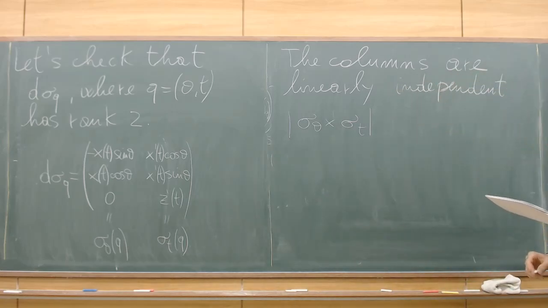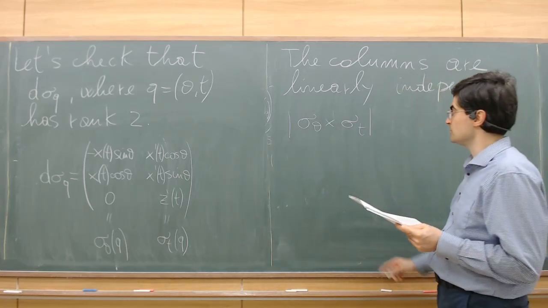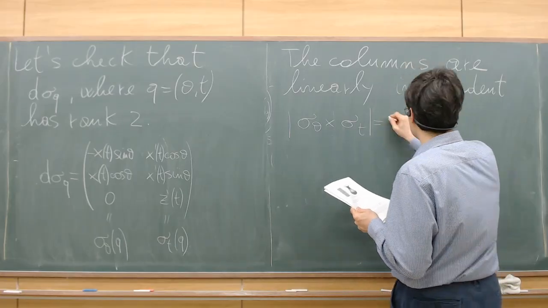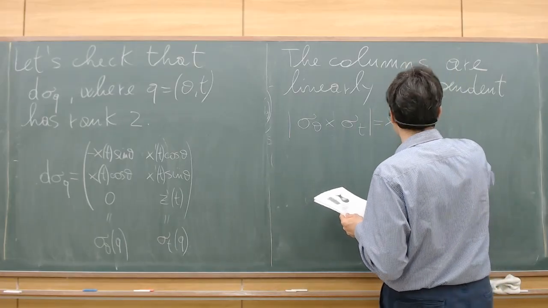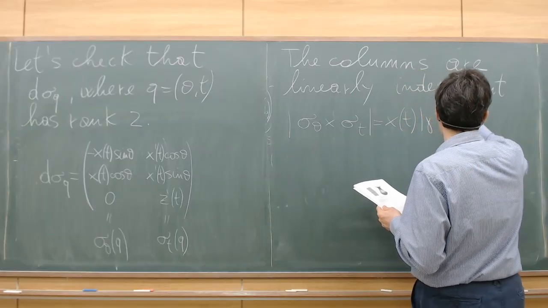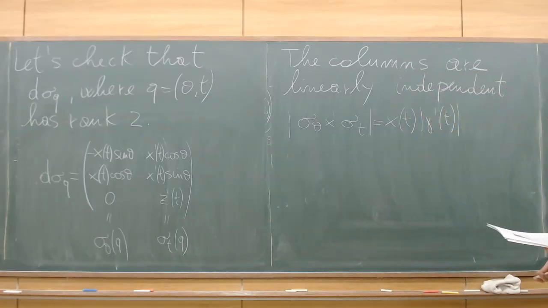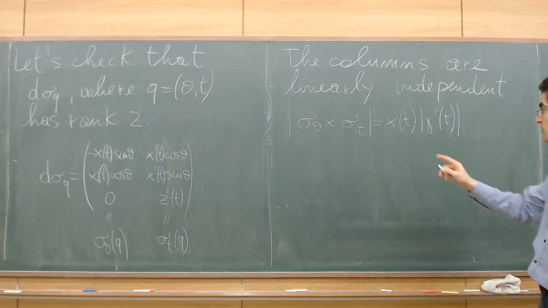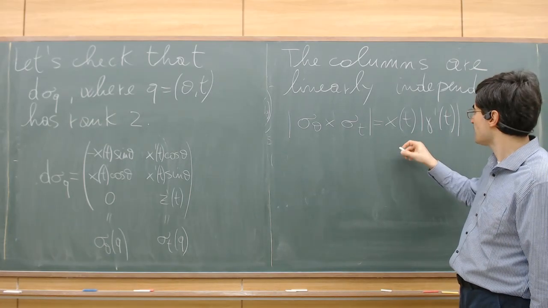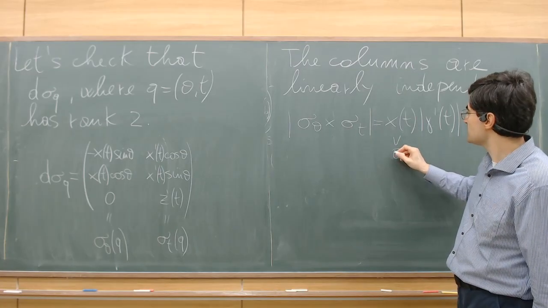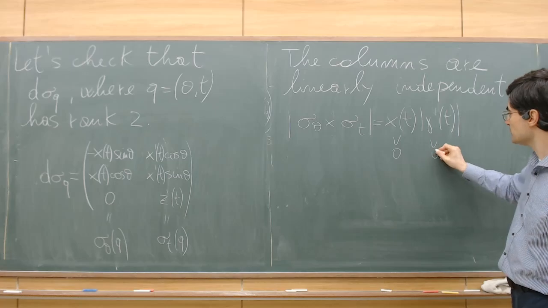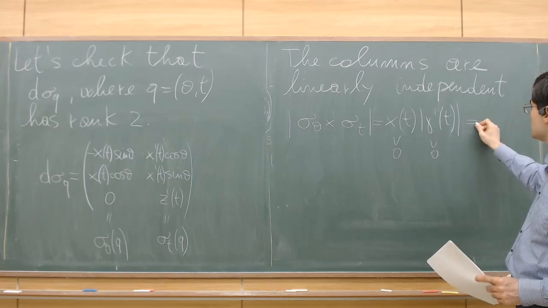You can prove that the cross product has length equal to x of t times the length of gamma prime of t, and by the first of the assumptions we made, this is positive, and by regularity this is also positive, so this is non-zero.